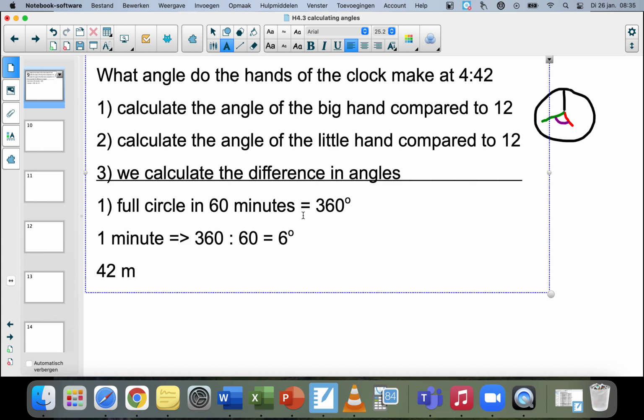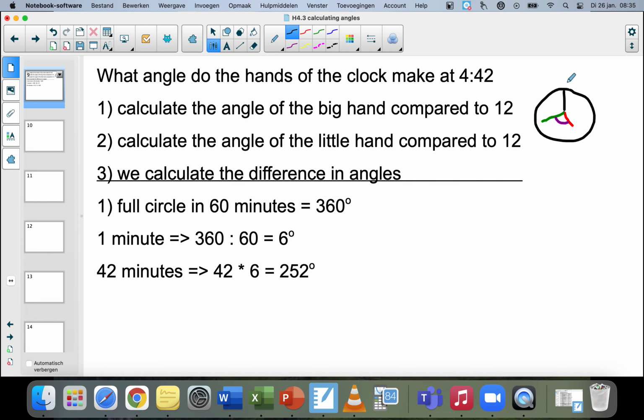So in 42 minutes, the angle it's gone is 42 times 6, because it does 6 degrees every minute. So 42 times 6 is 252 degrees. So that's the angle the big hand did starting from 12.